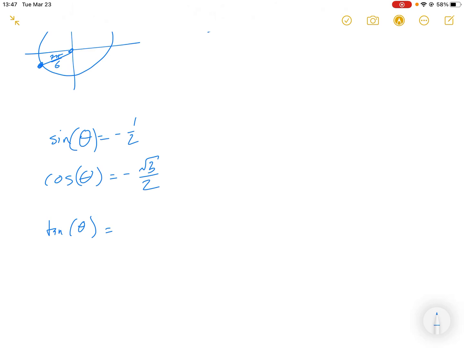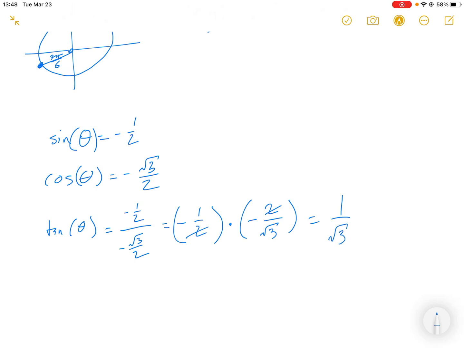Now tangent will require a little bit of extra work because it's y over x. Now you do have to multiply the numerator by the reciprocal of the denominator. So there's the numerator, there's the reciprocal of the denominator. The 2's divide out to 1, and also the negatives become positive, so I'm left with 1 over the square root of 3.